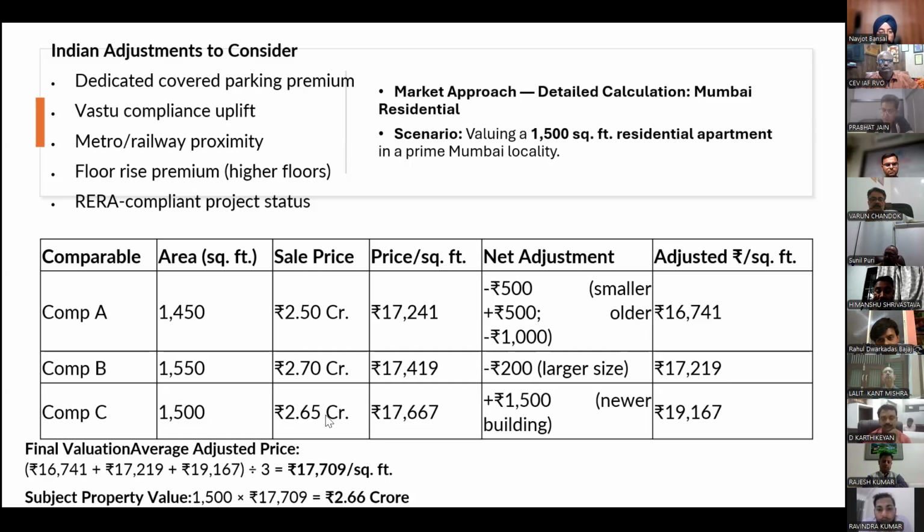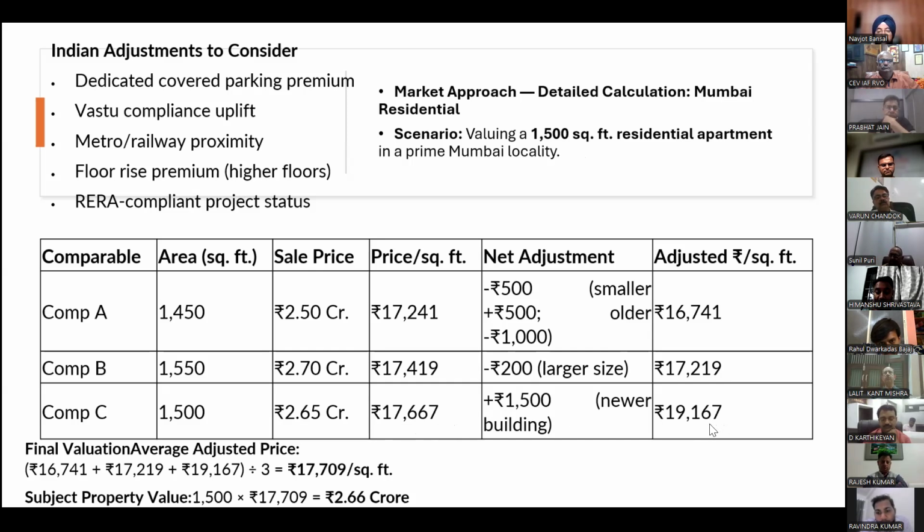Then we have comparable C, sold for 2.65 crores. The per square feet rate is 17,617. It is a newer building, whereas one was an old building, so we applied 1,500 rupees for the newer building.